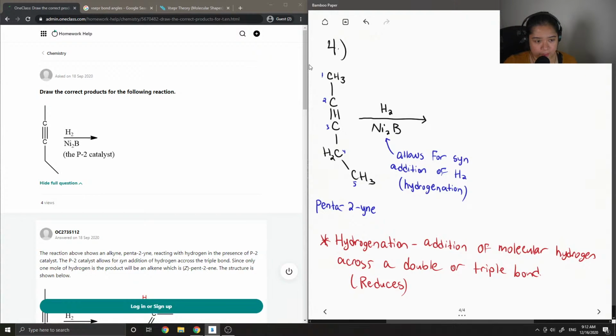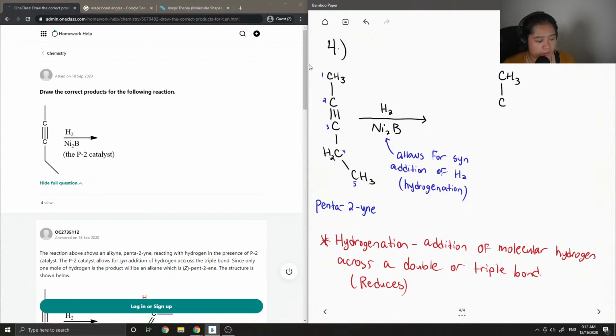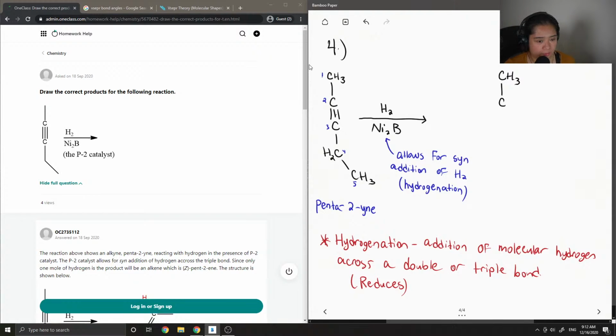And if we were to draw the product, notice that there's only one molecule of H2. They didn't really specify the amount. So let's just assume there is only one H2.